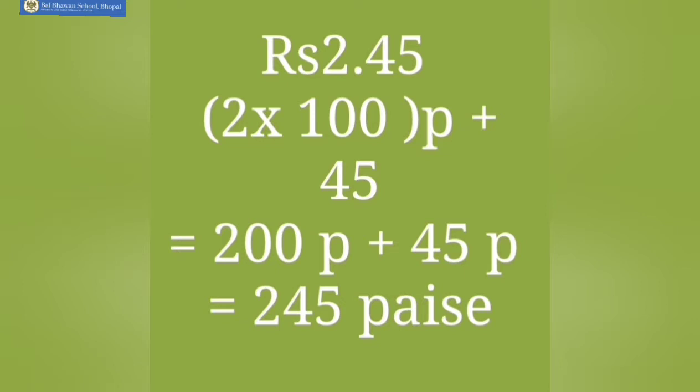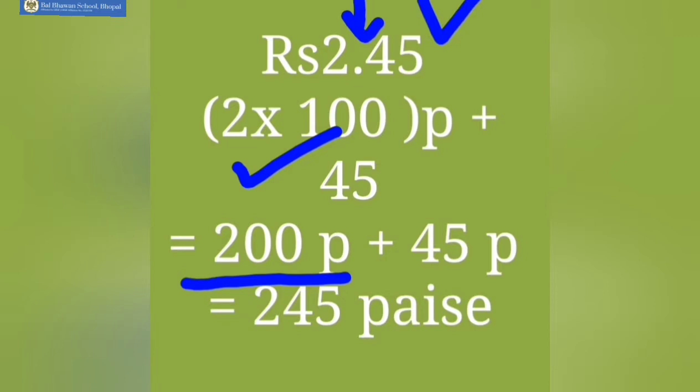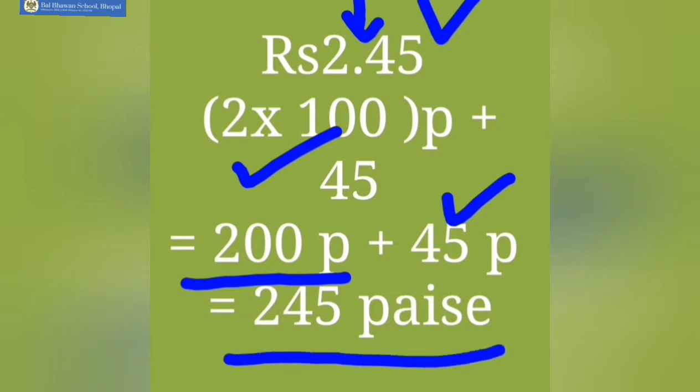After the decimal point, whatever paise amount is given, we will be adding it with 200. So the final answer will be 245 paise.